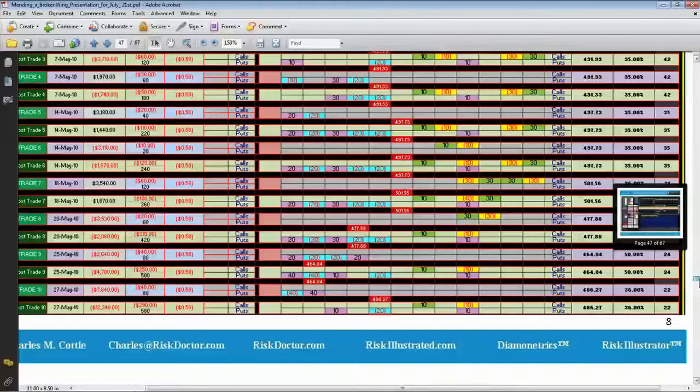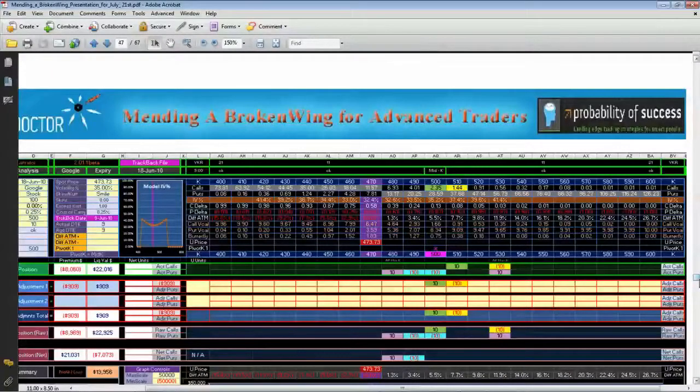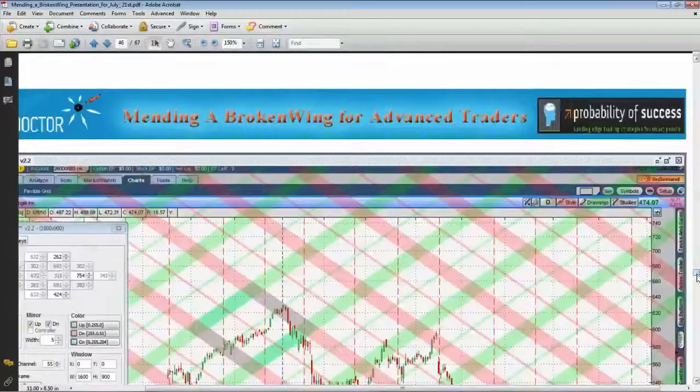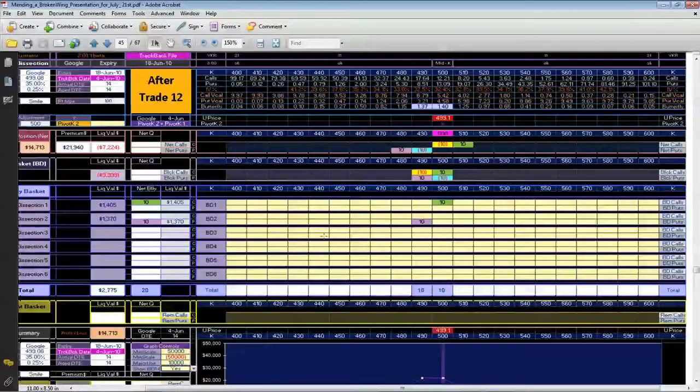Where are we here? Just trying to find out where I'm going. Sorry, when I'm zoomed in, I'm worthless. Let me zoom out. I'm expiring worthless in front of your very eyes.